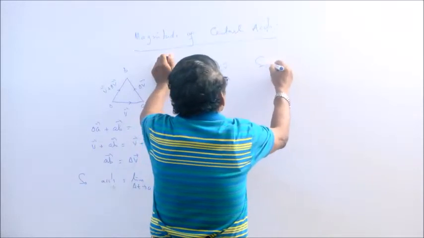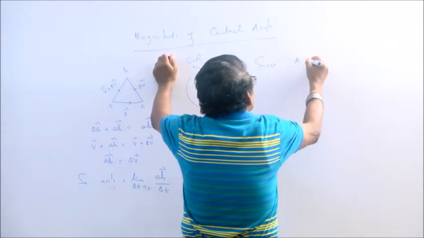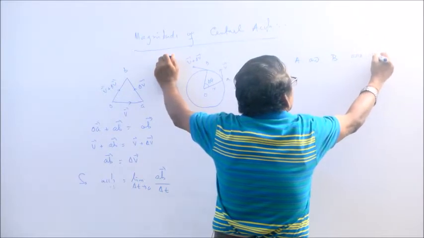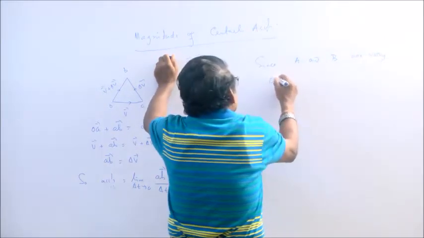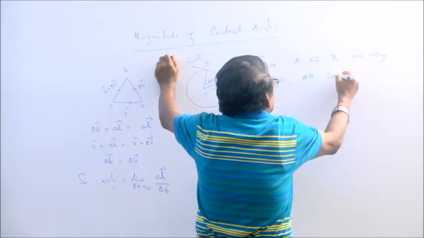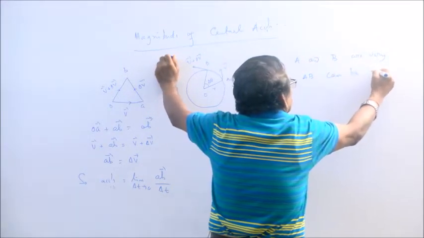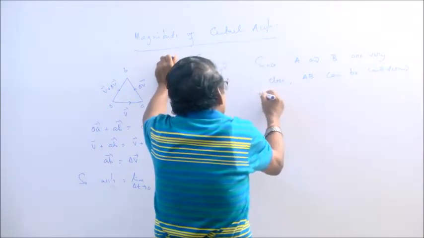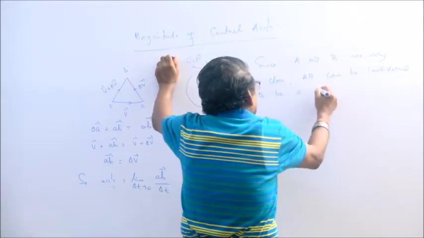Since A and B are very close, AB can be considered to be a straight line.